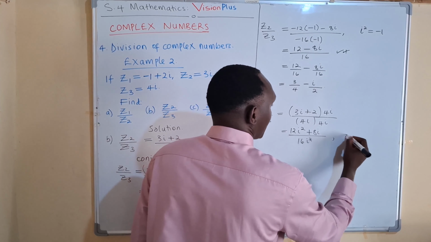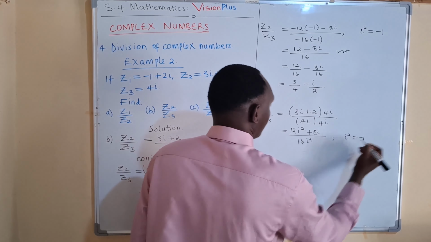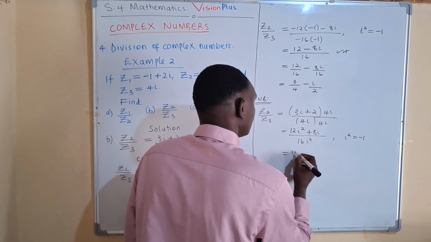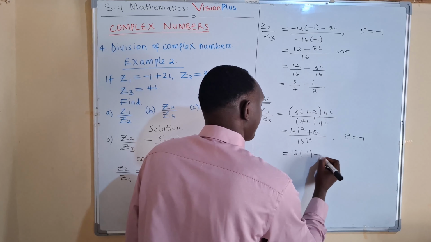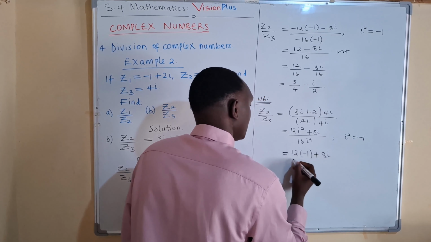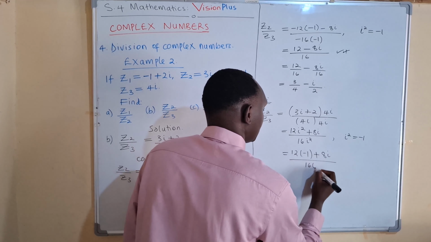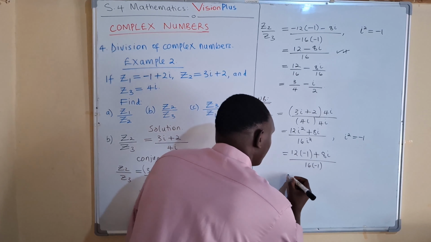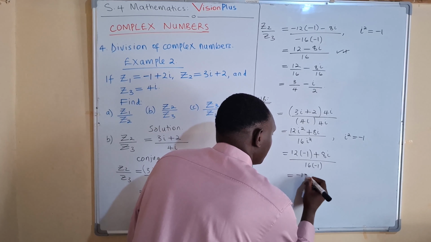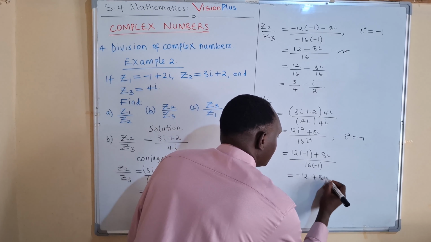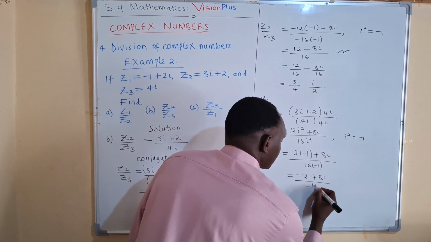But remember, i squared equals negative 1. So this now becomes 12 into negative 1 plus 8i out of 16 into negative 1. On further simplifying, we shall have negative 12 plus 8i out of negative 16.